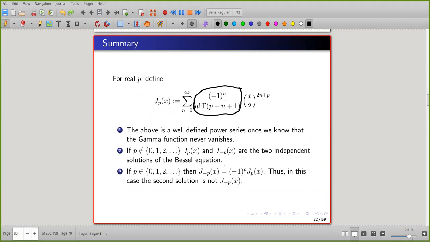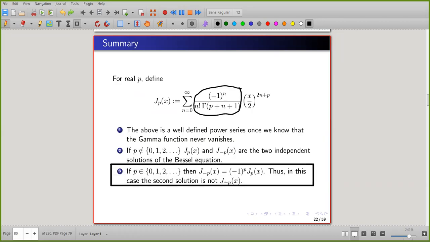And if p belongs to 0, 1, 2, and so on, then J_minus p(x) is equal to minus 1 to the power p times J_p(x). This is left to you as an exercise. I would strongly recommend that you do this exercise.